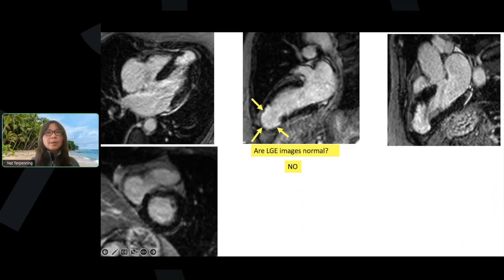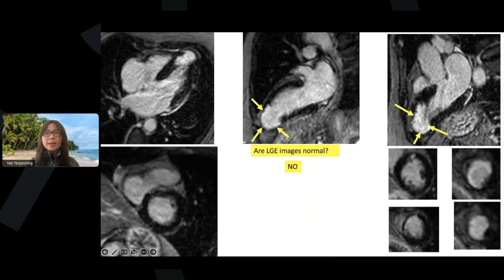So the thing is, for cardiac imaging, you cannot look at only one image and tell that there's nothing there. You have to look at them all. Like this one, I cannot pick up anything at all here, but I pick up something here at the apex. And then in this 3-chamber there is also subendocardial enhancement, maybe like 50% at the most, for sure not transmural.